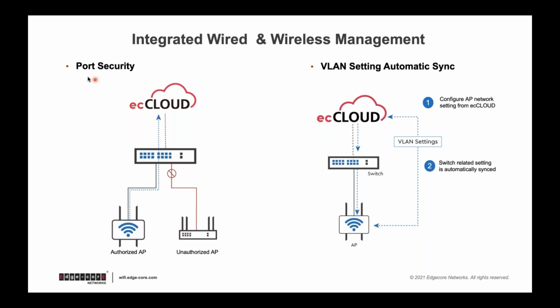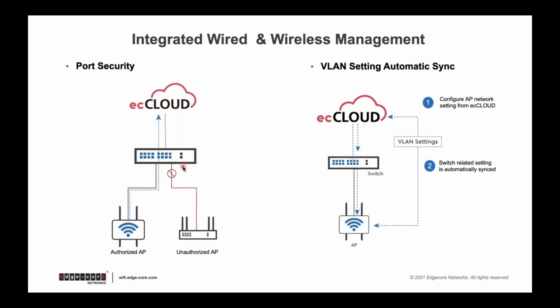The first feature is port security. When port security is enabled, only managed APs can connect to the switch. If any unmanaged AP connects to the switch, the traffic cannot pass.